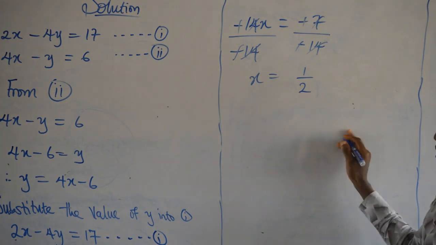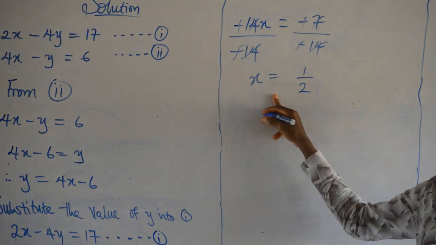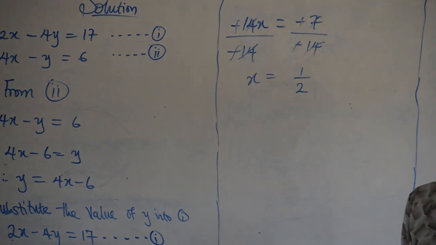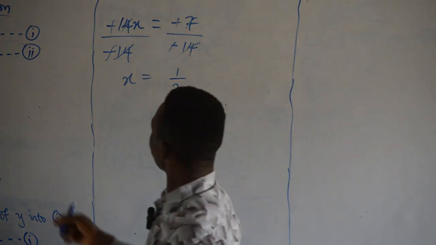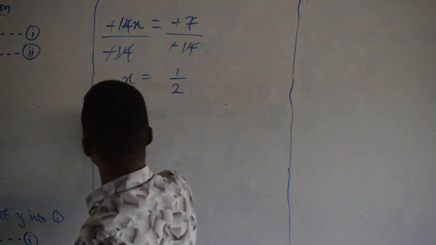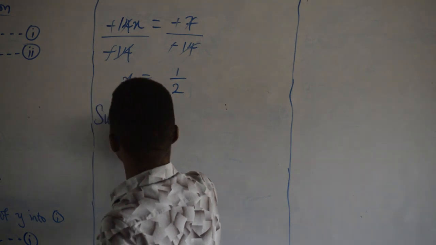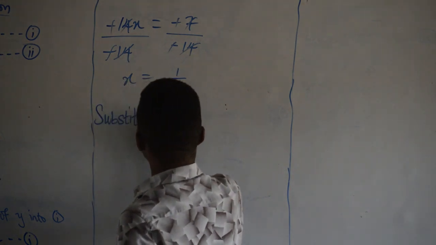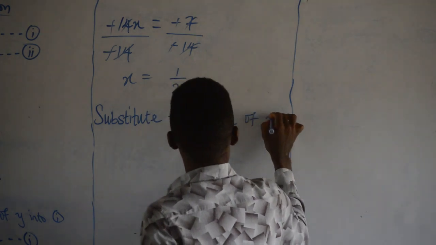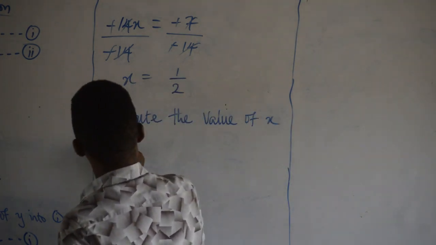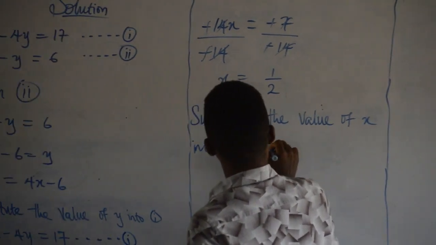So the procedure now is just for you to substitute the value of this x into any of the equations, be it equation 1 or equation 2. So I can decide to use any one now. Let me use my equation 2. Substitute the value of x into equation 2.